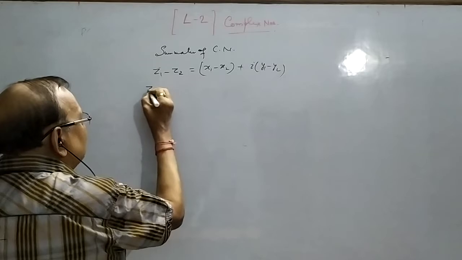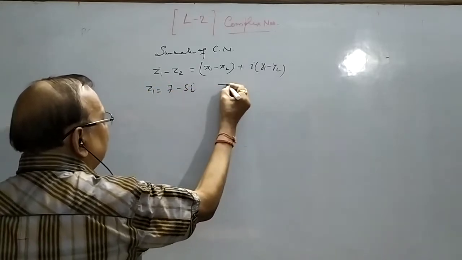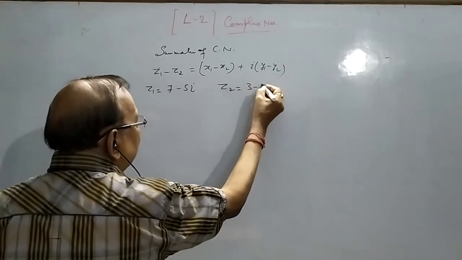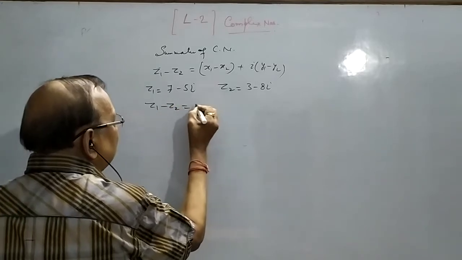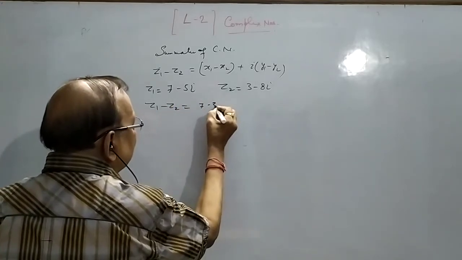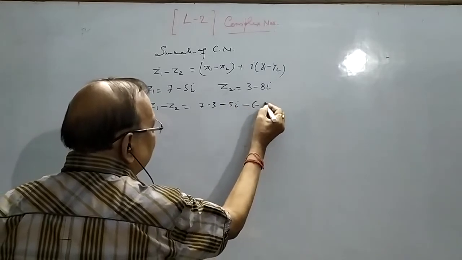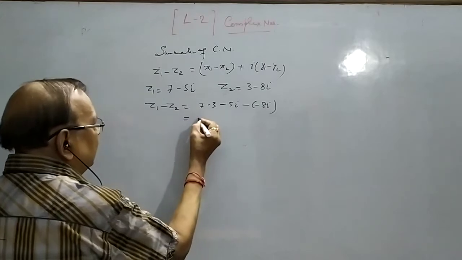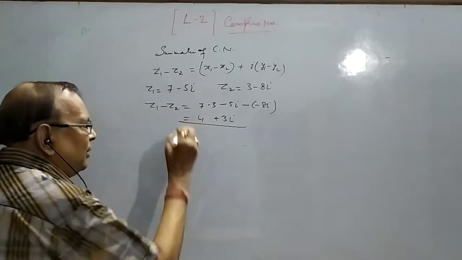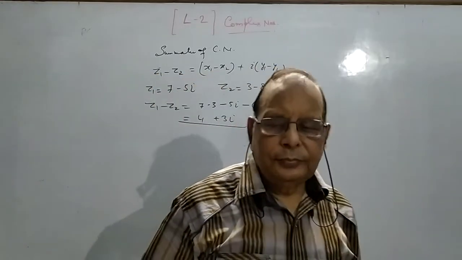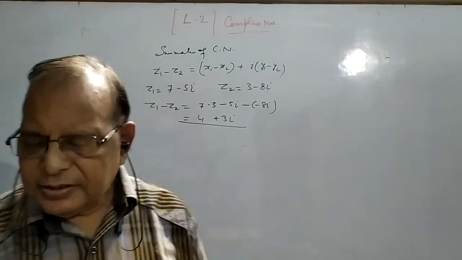Now, for example, z1 is equal to 7 minus 5i and z2 is equal to 3 minus 8i. So, what do we get? z1 minus z2 is equal to 7 minus 3, minus 5i minus (minus 8i). That is 4 plus 3i. There is no problem.